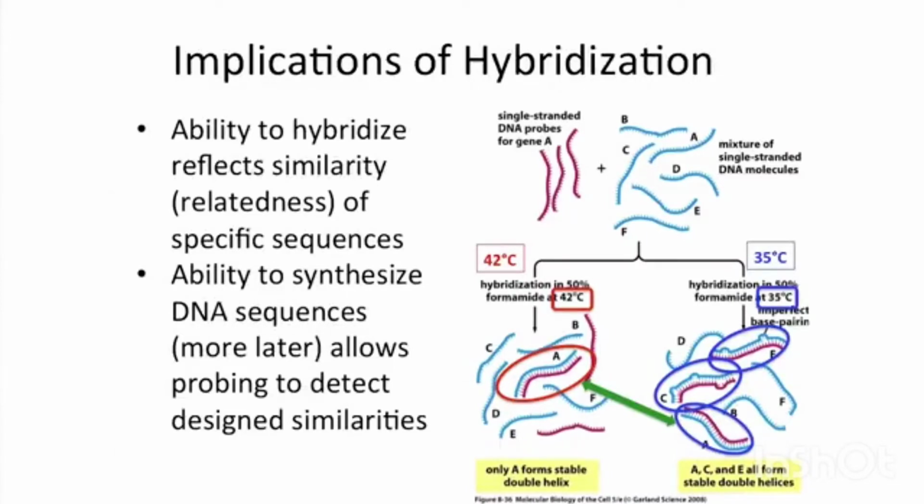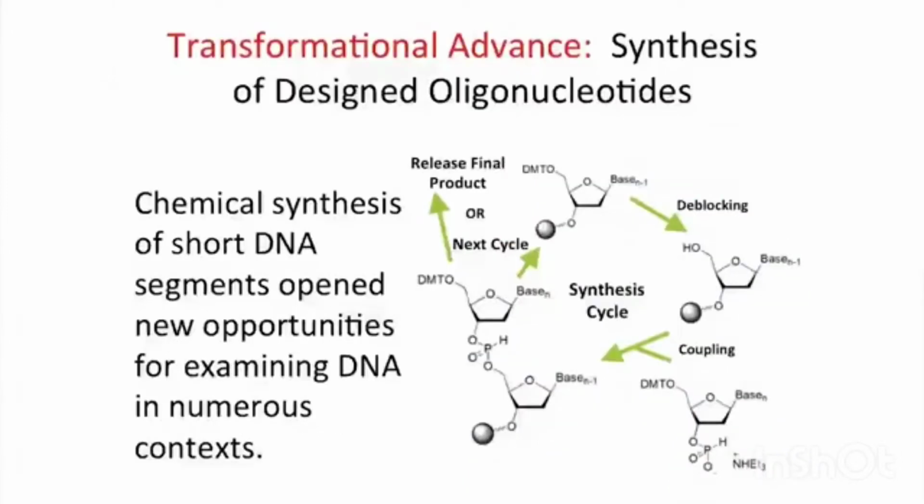Also, the ability to synthesize DNA was a transformational advance. Because we can synthesize specific sequences, we can sometimes know exactly what sequence is in a DNA sample. You can design oligonucleotides made by chemical synthesis, offering a whole variety of opportunities, including the one that we're going to talk about now.